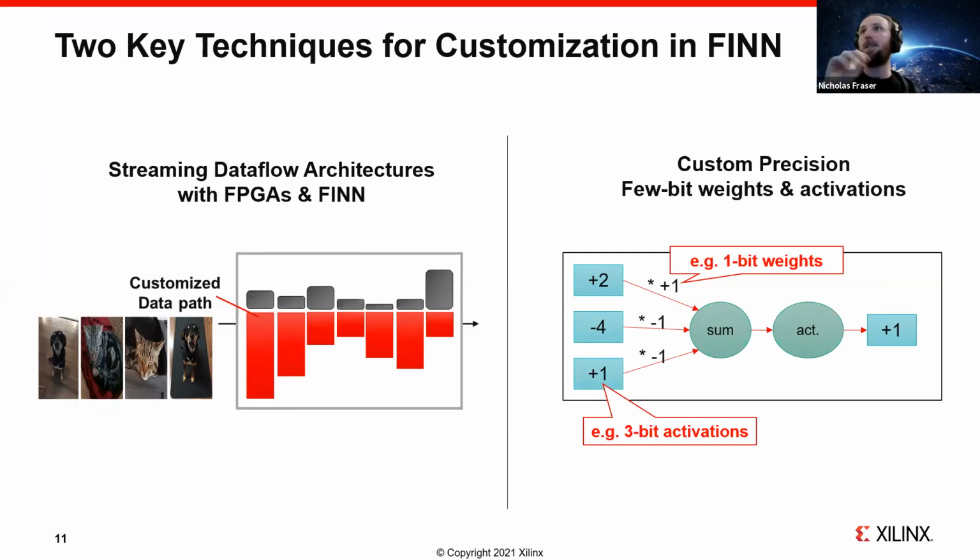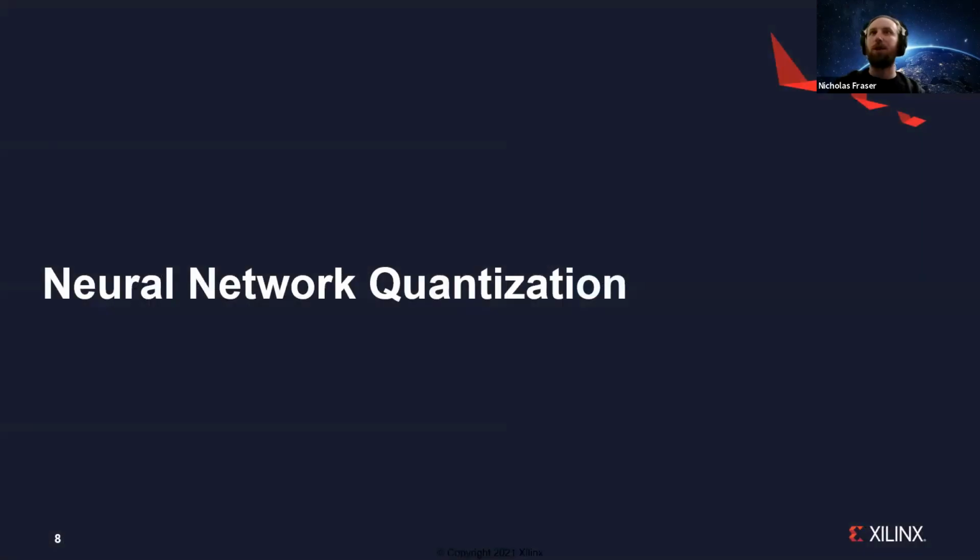The second thing that we do is that we use custom precision and custom arithmetic within the neural network, in particular, low bit width arithmetic. And so that's what I'm going to start talking about first: quantization of neural networks. Let's get right into it.